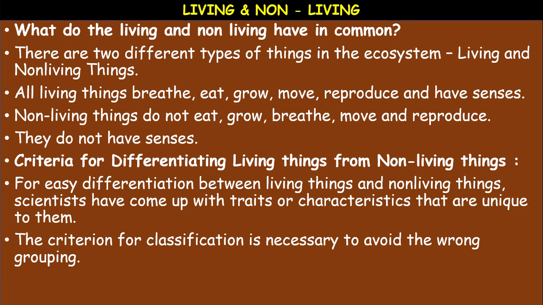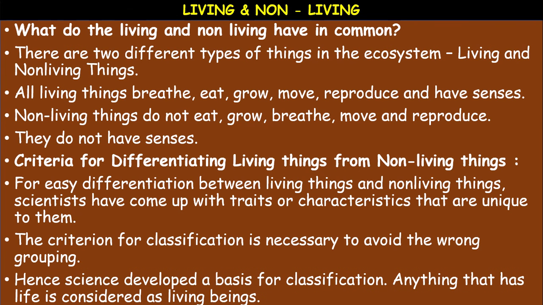The criterion for classification is necessary to avoid wrong grouping of living and non-living. Hence science developed a basis for classification. Anything that has life is considered a living being. Anything which doesn't have life is non-living. Okay, children.